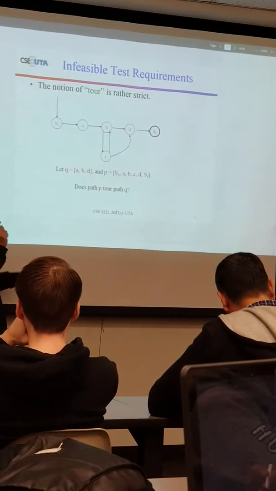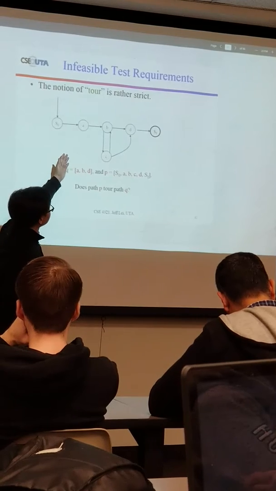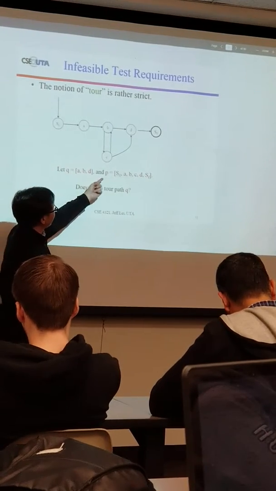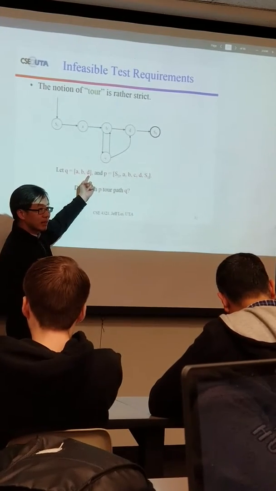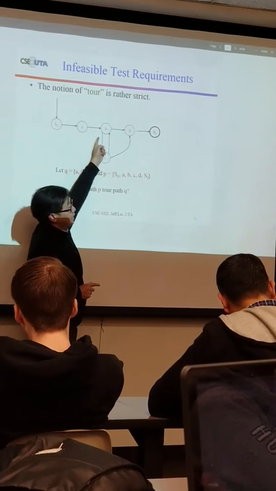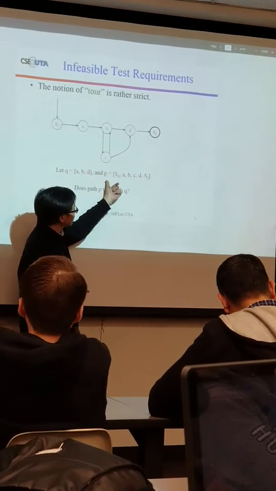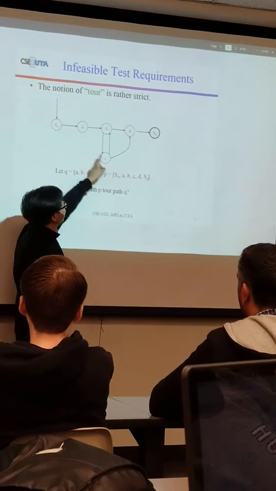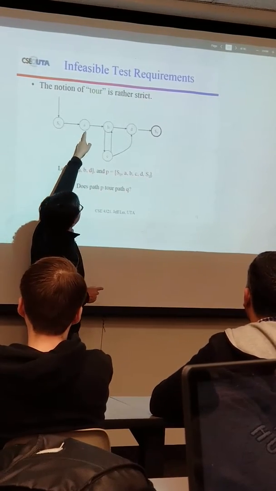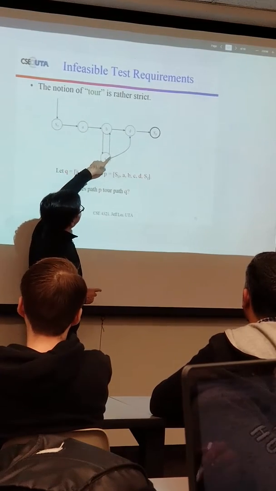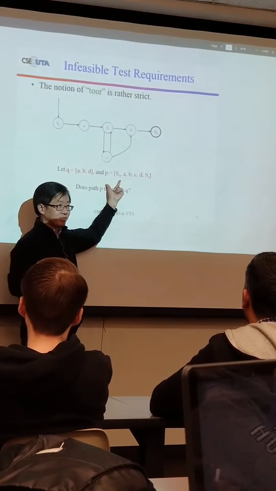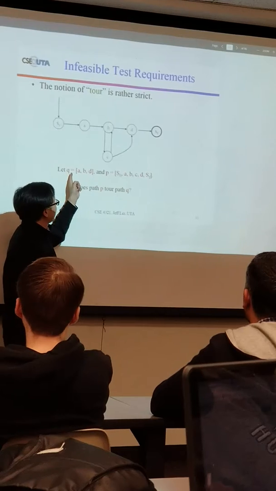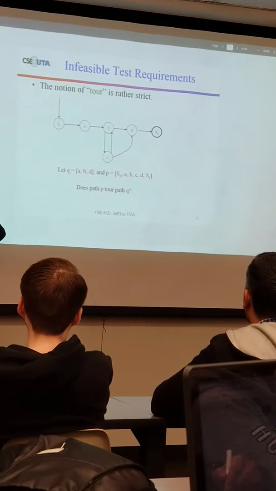That's the definition. Okay. So look at this example. Like we have one path, A, B, D, 2 edges. And we have another, actually this is the test path, S0, A, B, C, E, S, F. Does this path tour this one?